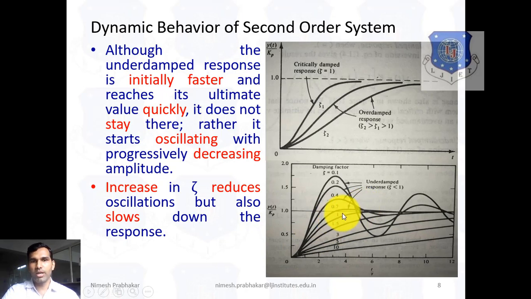In other words, if we increase the value of zeta, that means 0.2, 0.4, 1, 1.5, the response of the system is slower. So this is the dynamic behavior of the second order system.